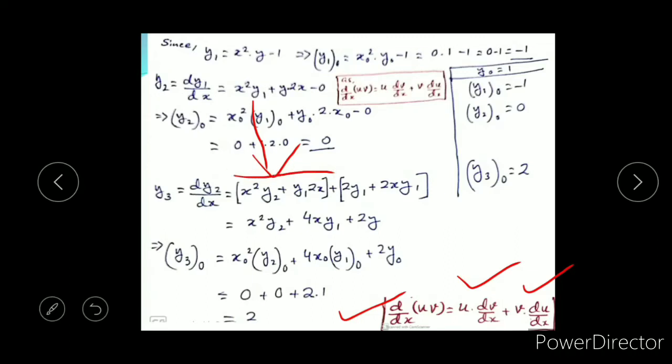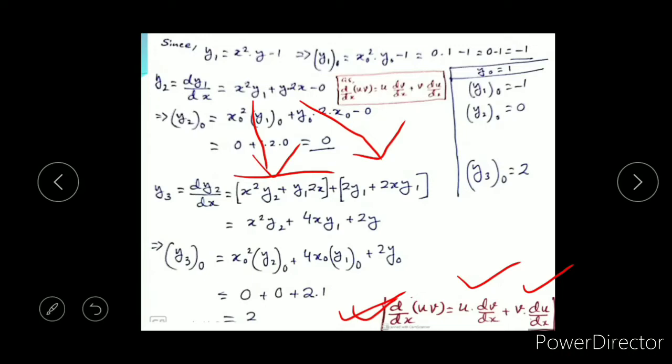Then the second one is 2xy. We have to find the derivation of 2xy. Similarly, just like this function, it will be 2y1 into the derivation of x, so it will be 2 into y1 into 1, plus the second function y into du/dx, that is 2x y1.